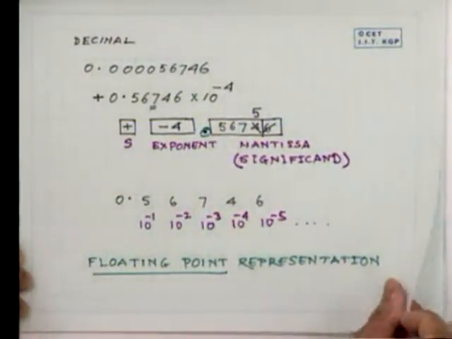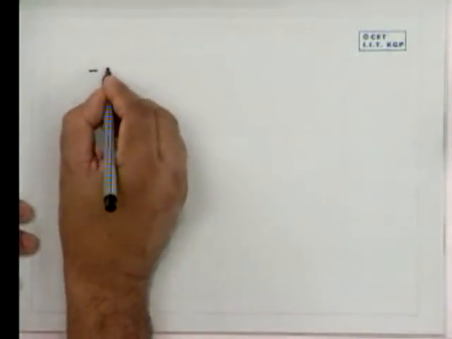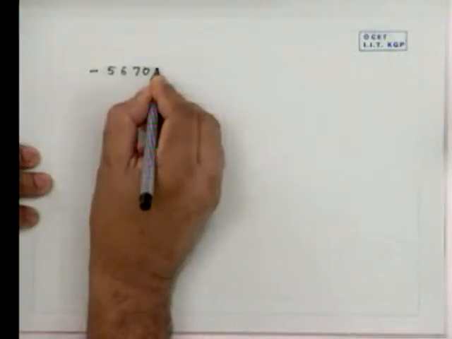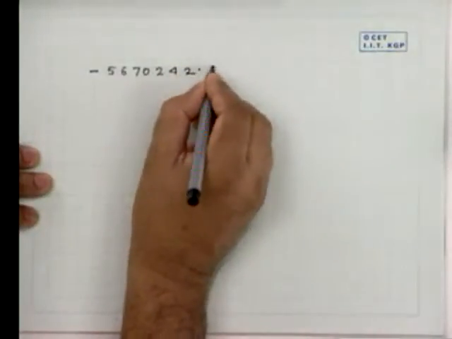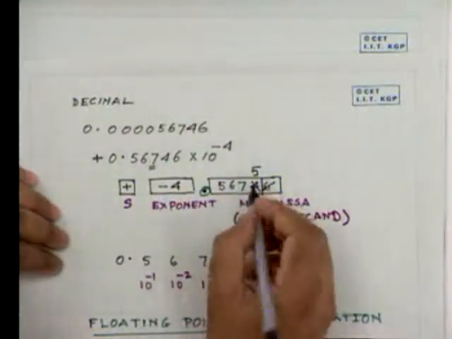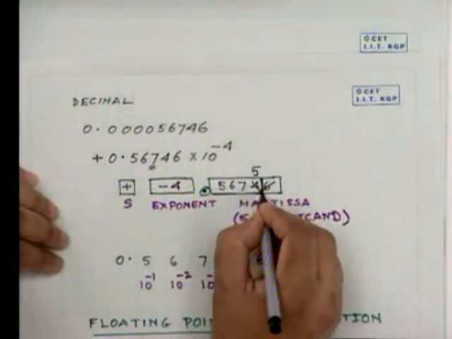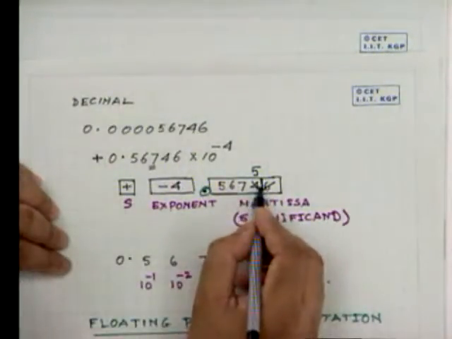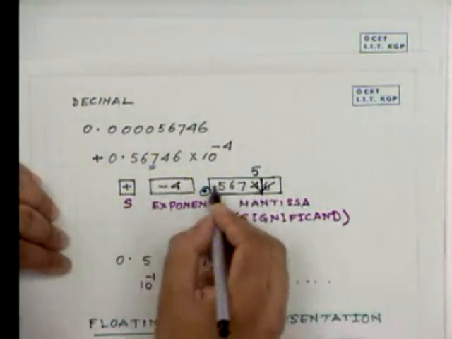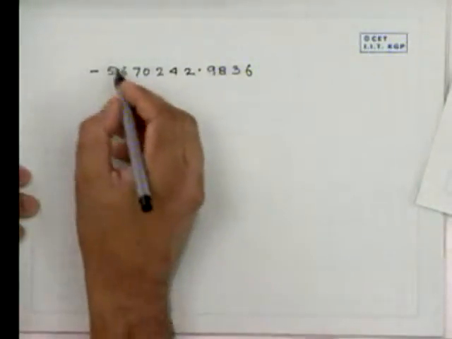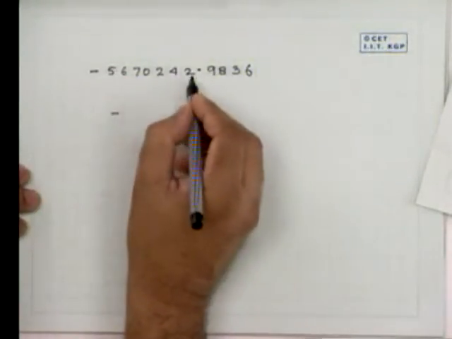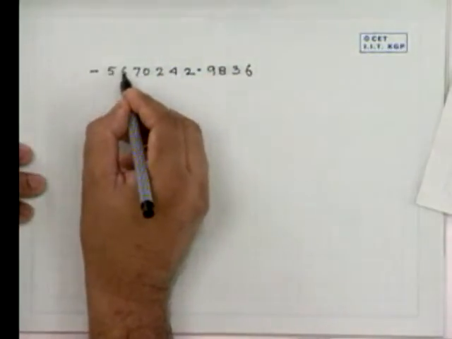Similarly, if we take a negative number, say minus 5670242.9836, and these are the positions for accommodating the real number as a floating point number, naturally we will have to represent this as minus, then the decimal point is shifted from here to here by 1, 2, 3, 4, 5, 6, 7 positions.